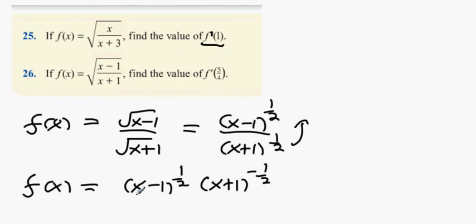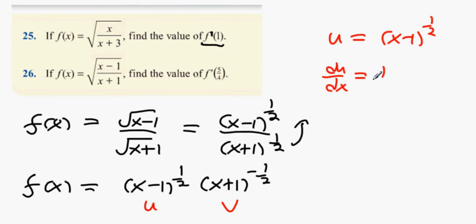In this case, it's a product rule, and that's u and v. U is x minus 1 to the power of a half. This means that the du dx is going to be a half x minus 1 to the power of minus a half.